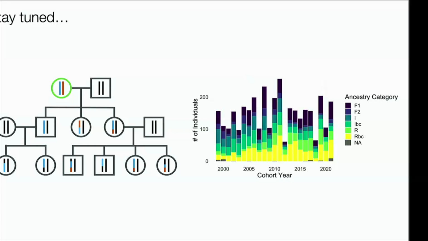Essentially, by looking at differences between these different categories of individuals, we can ask questions about how prevalent heterosis is in our population. Are immigrants bringing in deleterious or beneficial alleles, and eventually get a better understanding of the long-term impacts of gene flow in our population.